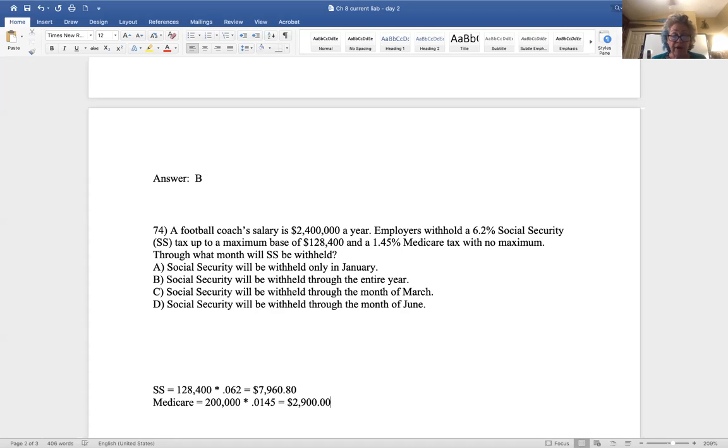So the amount of FICA that would be withheld would be a total of $10,860.80. Now, what would be the employer's payroll expense? Would the employer have a payroll tax expense?